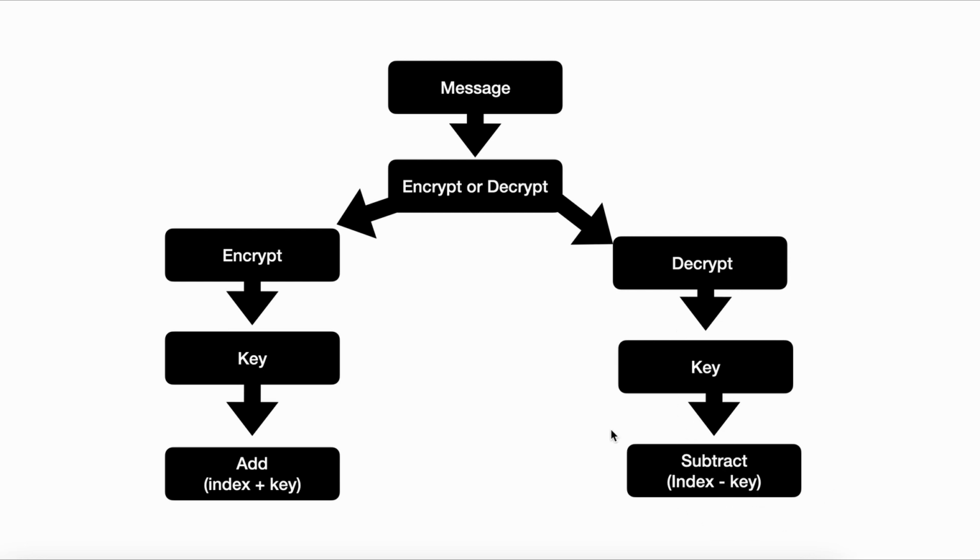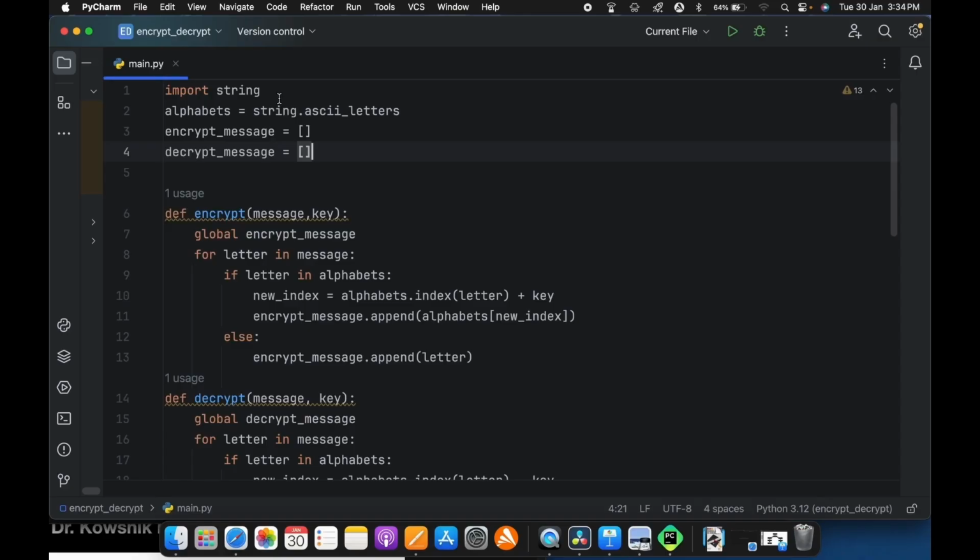Now with this understanding, we'll see the code for the exercise. Here in line 1, I'm importing the string module using the import keyword. Next, from this string module, I'm taking the ASCII letters method. That is a string which contains all the alphabets in lowercase and uppercase.